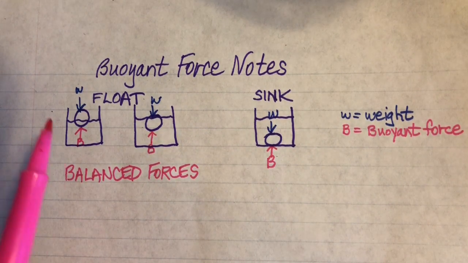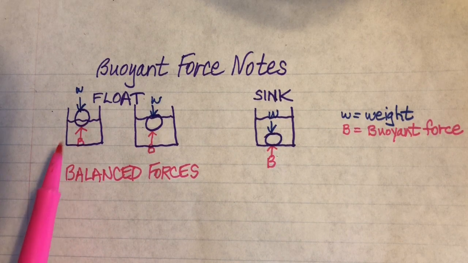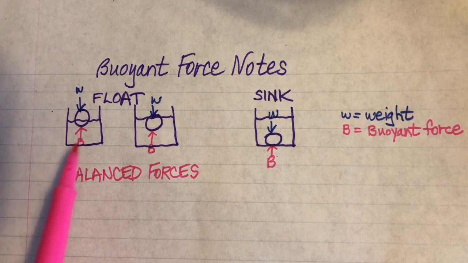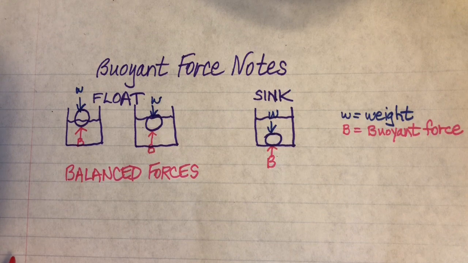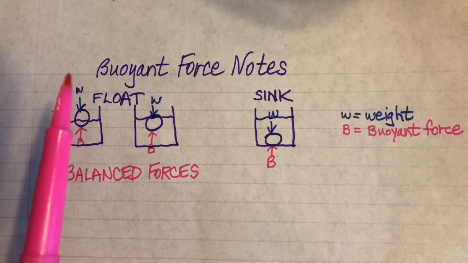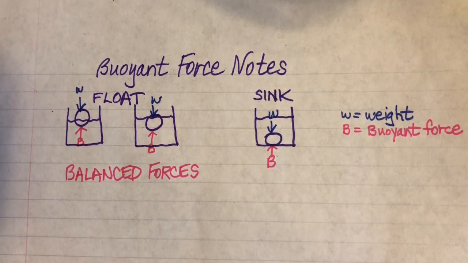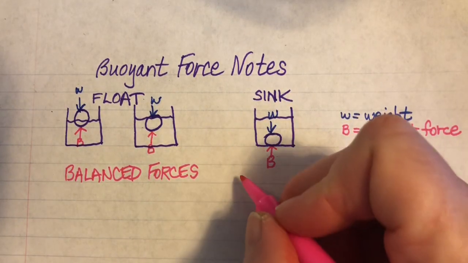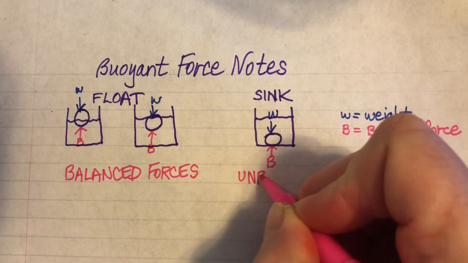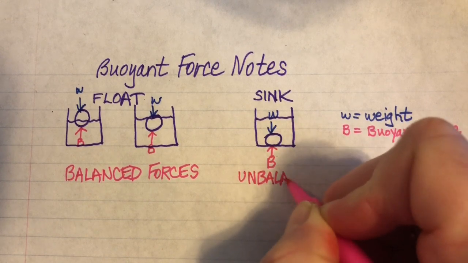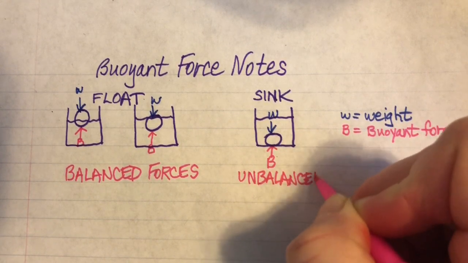Remember, the first one, the ping pong ball, it kind of looks like maybe the buoyant force pushing up would be more, but if it were, the ping pong ball would be flying up into the sky. So the sunken one, the weight was more, so these are unbalanced forces.